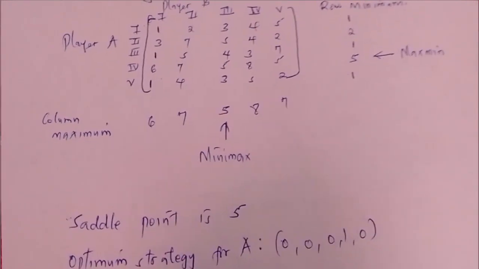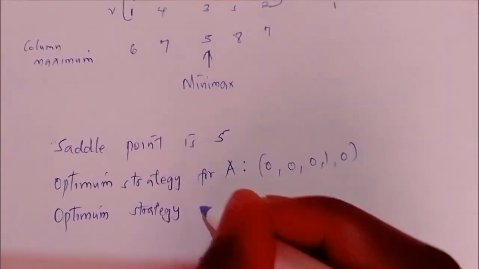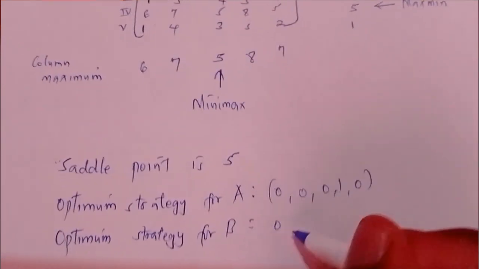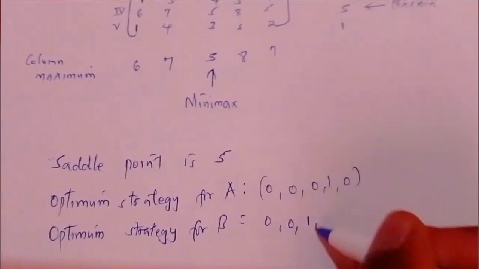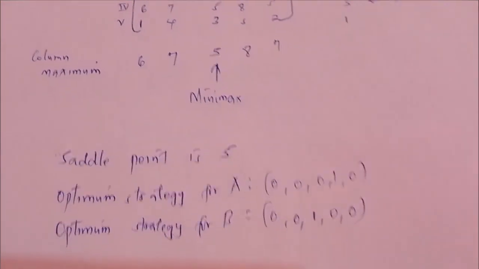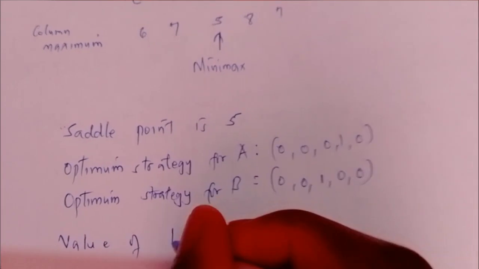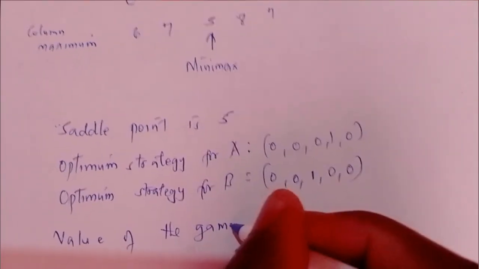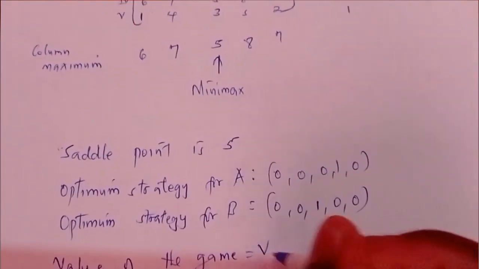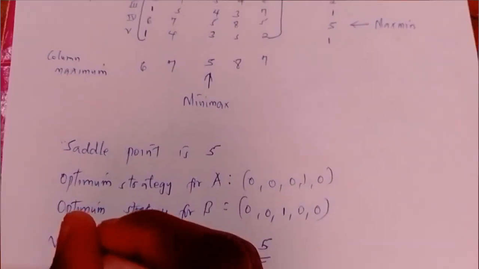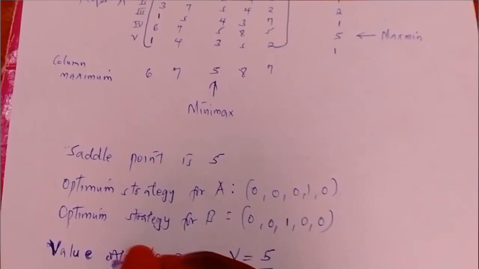Optimum strategy for B, you have 0, 0, 1, 0, 0. Then the value of the game V is 5.